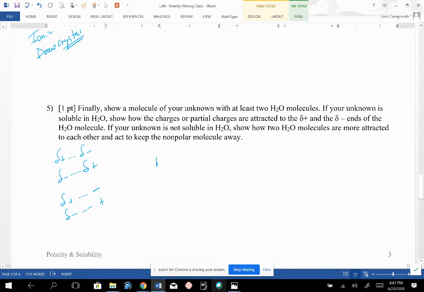If you have nonpolar, what I want you to draw is the nonpolar molecule. Nonpolar molecule. And then up above that, I want you to draw two water molecules attracted to each other. And that will help you to understand how this works.